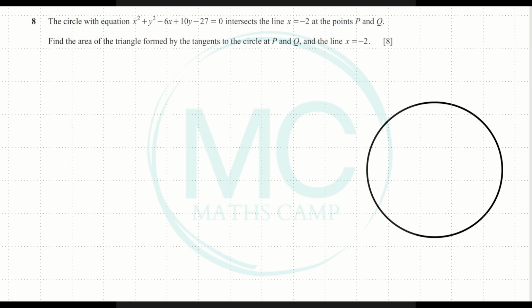So let's draw a diagram which intersects the line x is equal to negative 2. I can put this in over here. This is one side of our triangle.